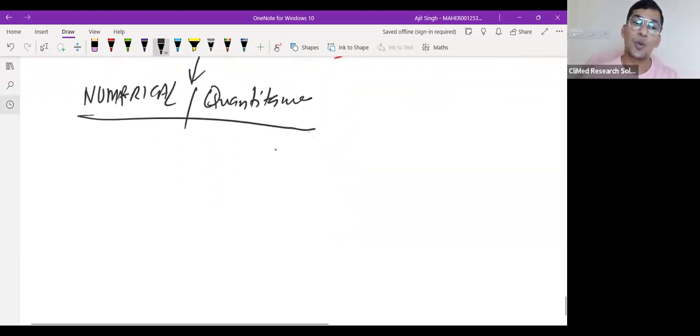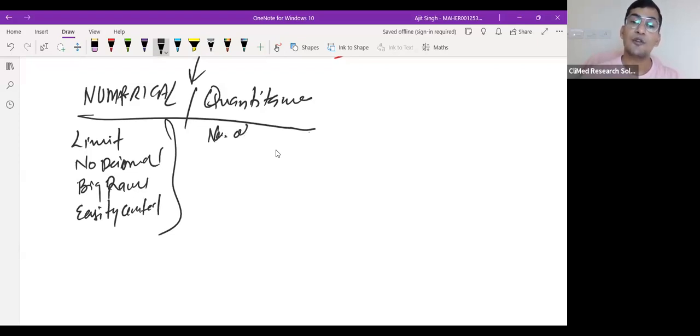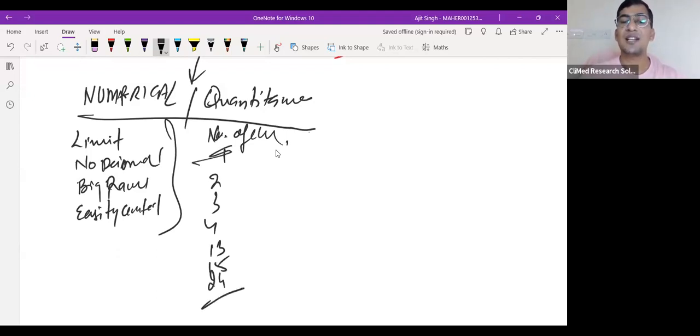Discrete is where we have a limit, no decimal, no big range, and that can be easily counted. Like number of children in the family: 1, 2, 3, 4, maximum 13 or 15. Not like 24, so not a big range.